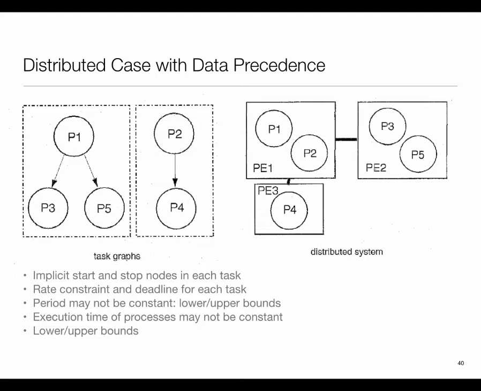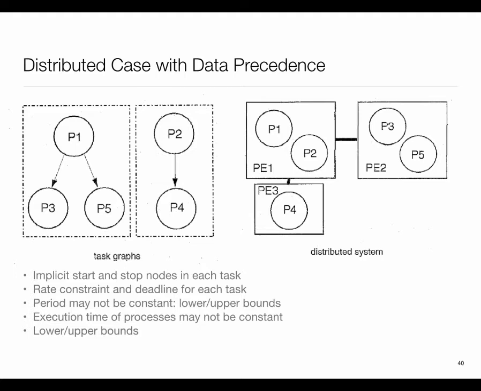The next issue which comes up in the distributed case is: what if you had distributed and data precedence? This is where things get really more interesting and complicated. Let's imagine a system with two groups of tasks with these kinds of dependencies. I have one cluster P1, P3, P5.